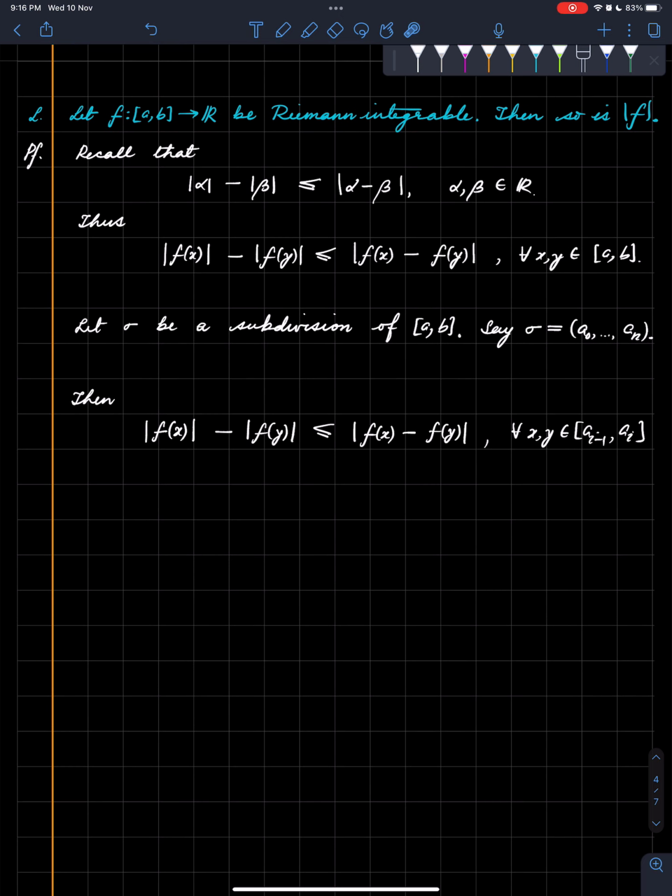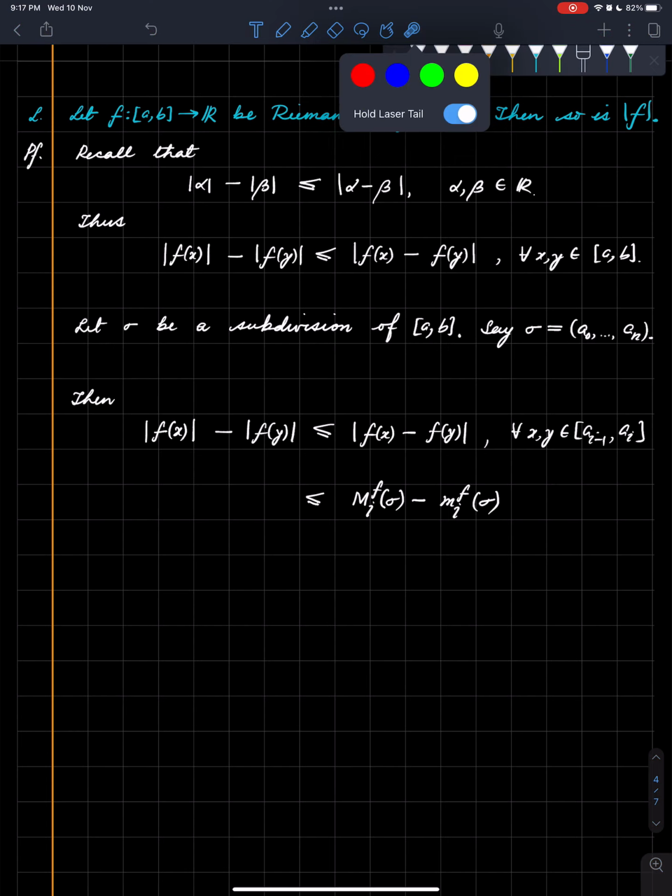And now what I'm going to say is that this is at most this minus that. So this is the supremum of the function over the ith part. This is the infimum of the function over the ith part. And we claim that that is less than or equal to that. And this is again very easy. So let me just argue, not very formally. Suppose f(x) is at least f(y), so you can remove the absolute values basically.